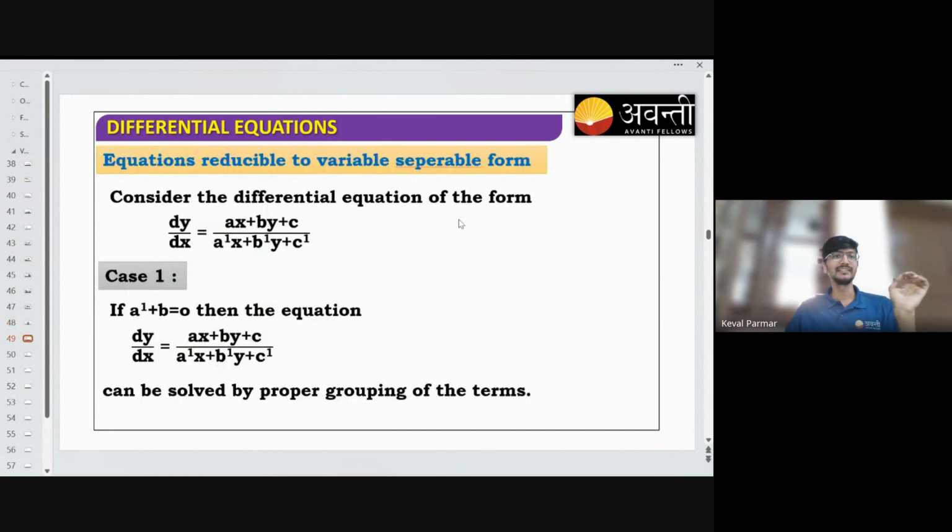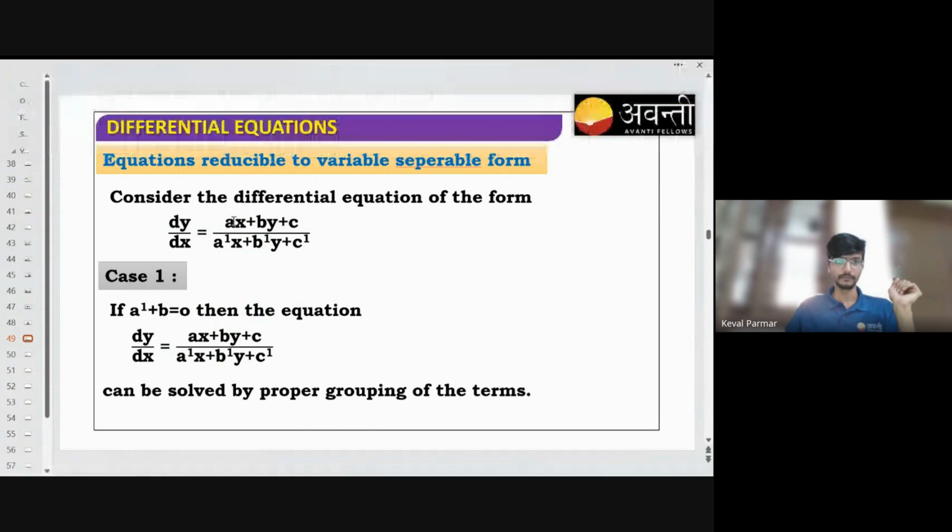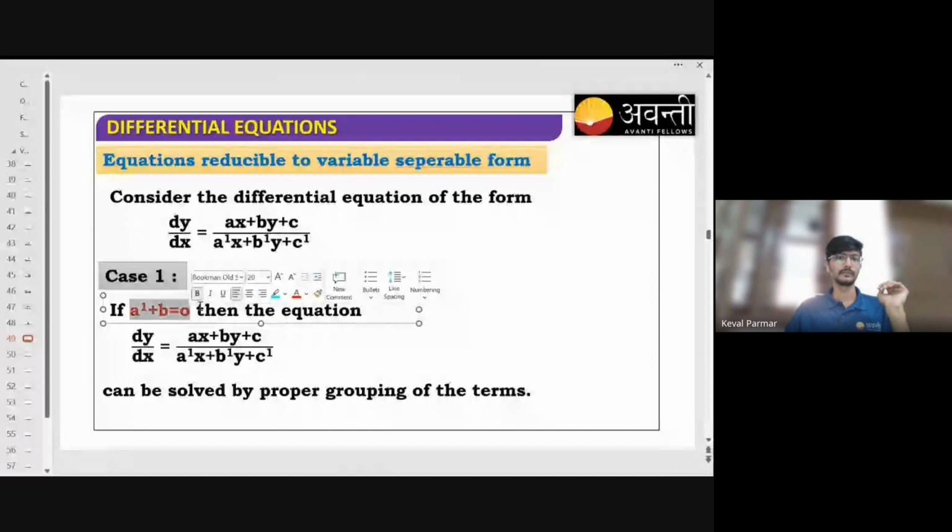Now, next is equations reducible to variable separable. So I have divided into some cases which will be better to identify and better to solve. So first case is the differential equation of this type, this format. Linear upon linear, where there is a relation between some coefficients.